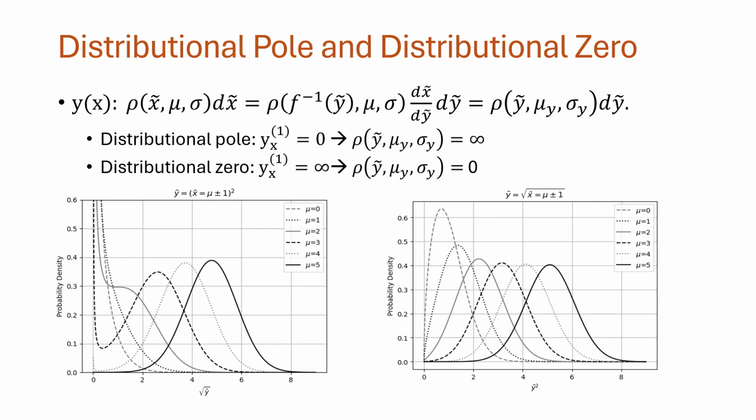And because of that, when the pole or zero is far away from the distribution mode, we can use the same way to characterize the output uncertainty.